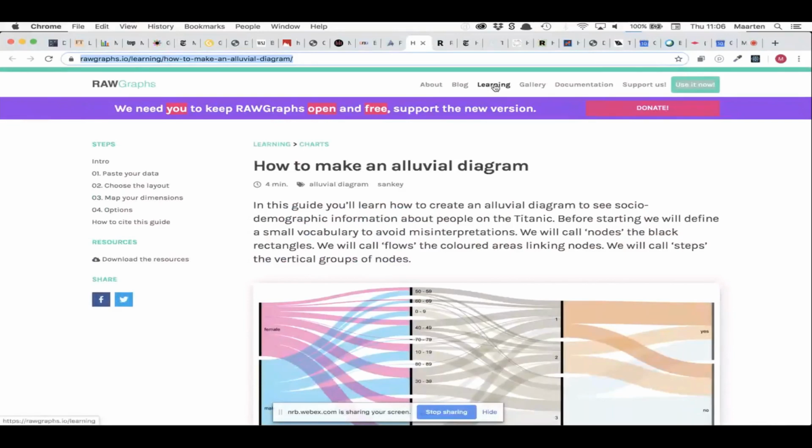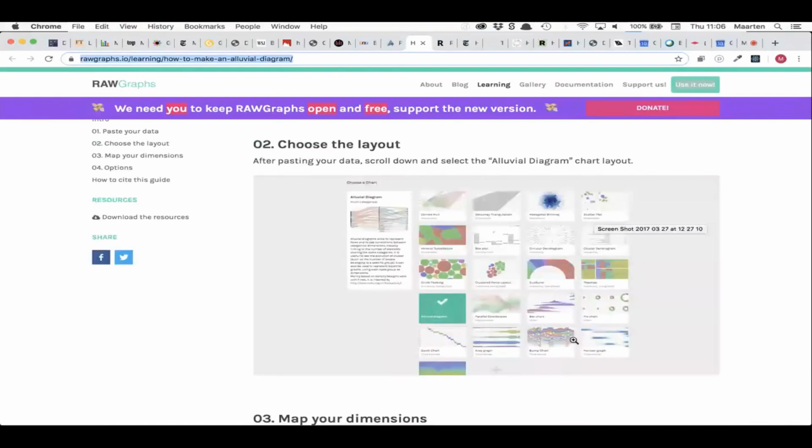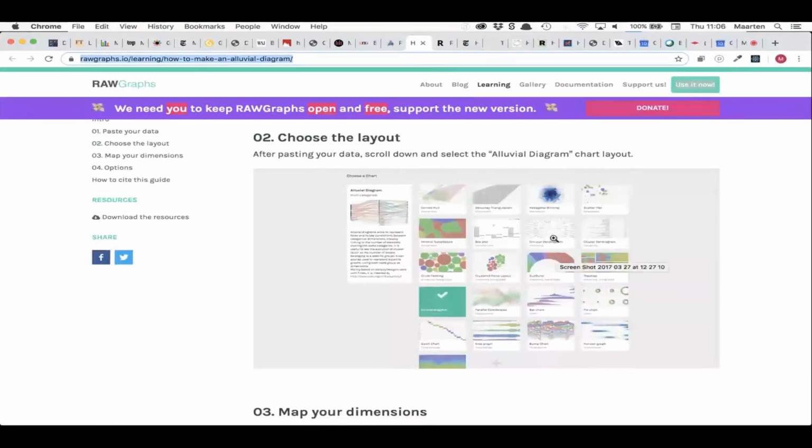In Raw Graphs, you find many templates that we already have discussed as well. So you can make dendrograms, for example, with Raw Graphs. You can make parallel coordinates with Raw Graphs, and also horizon charts. This is the first tool that I would like to mention. It's very user-friendly, and it also has some nice tutorials to get you started.